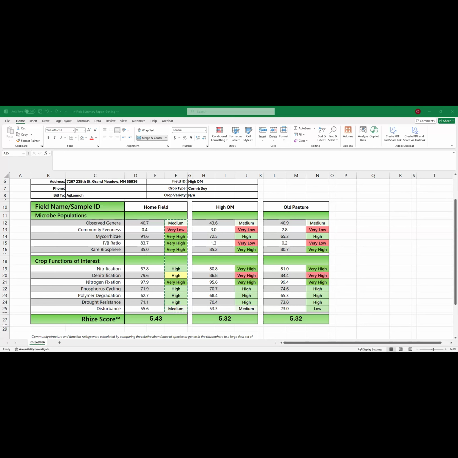I would throw out, didn't mean to interrupt you, Dan, but we did our lab testing and home field had a pH of just over 6.0 and the high OM field had a pH of about 6.8. So we are seeing some pH differences that certainly could be at play in there. And then some difference in soil types.